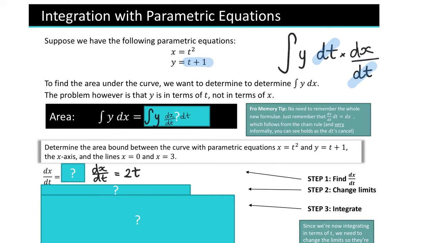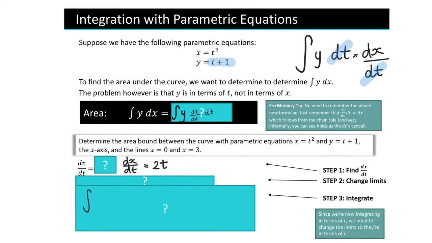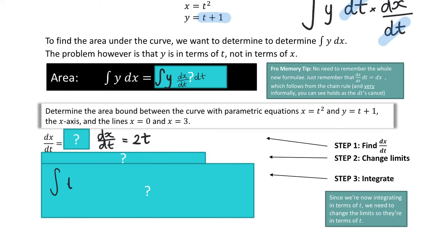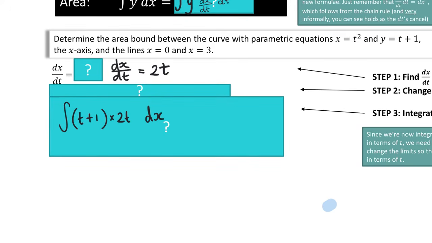So, what we now need to do is we've differentiated, so we've got the integral of y with respect to t, which is t plus 1, multiplied by dx dt, which is 2t. Now, this is going to be with respect to x, okay? We need to multiply first, then integrate. So, we're going to have the integral of 2t squared plus 2t with respect to x.